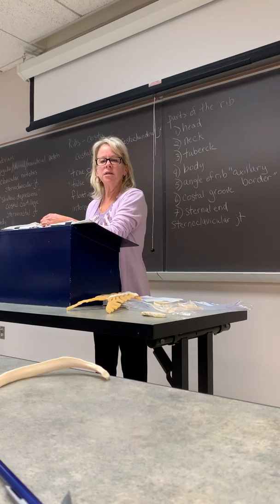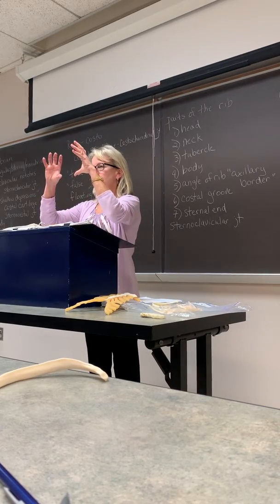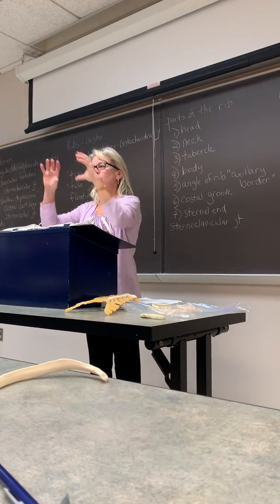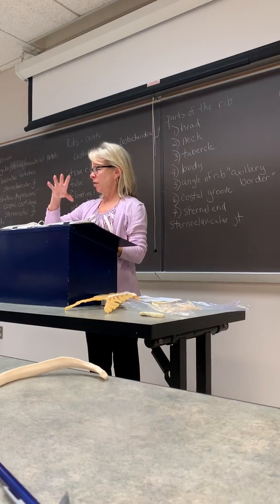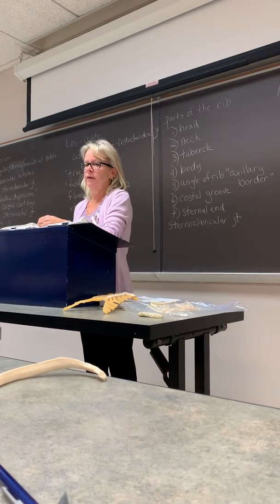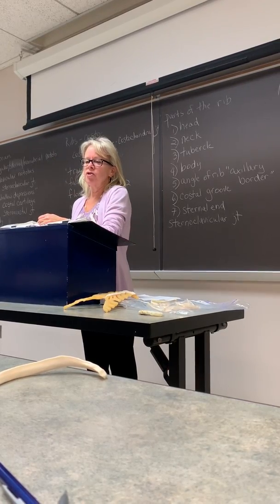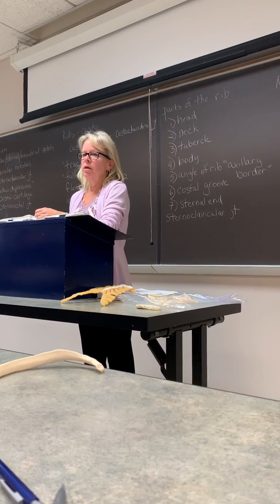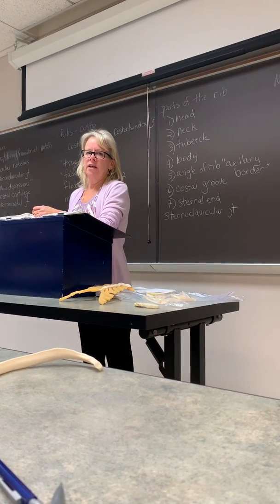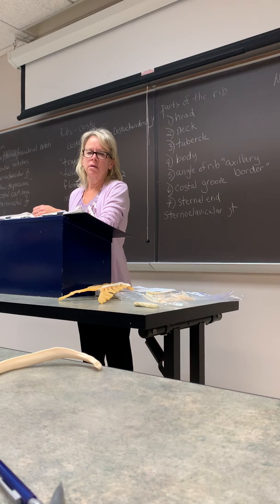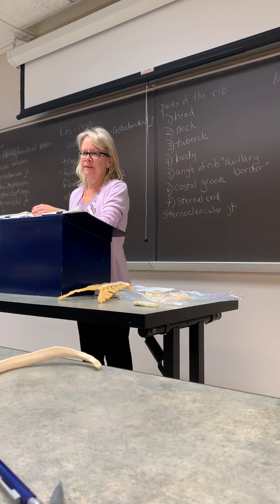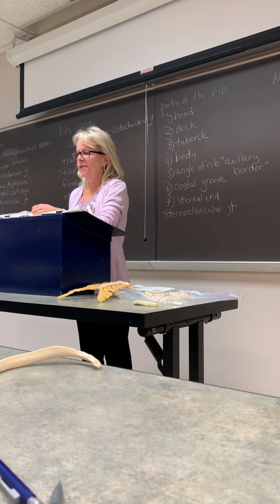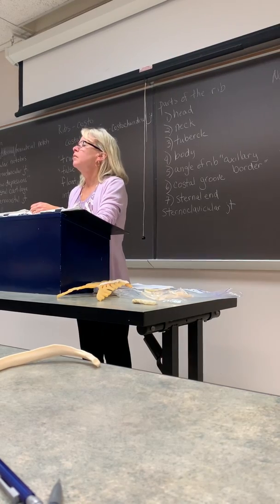Okay, last two things. We usually do ribs in sections, upper ribs and lower ribs, just because of our technique. Upper ribs, you take in a deep inspiration and then expose. Why do you think that is? Good.